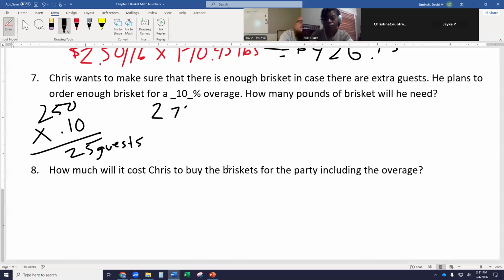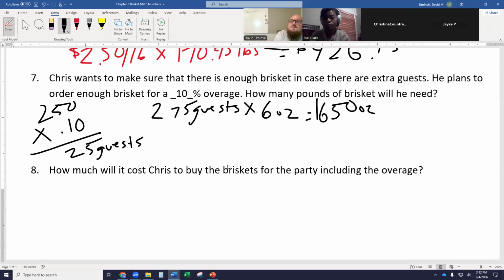What's 275 guests times 6 ounces? Remember, we want to apply that yield percentage. And that gives me 3,000 ounces.